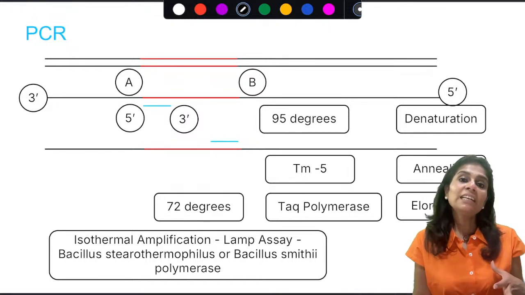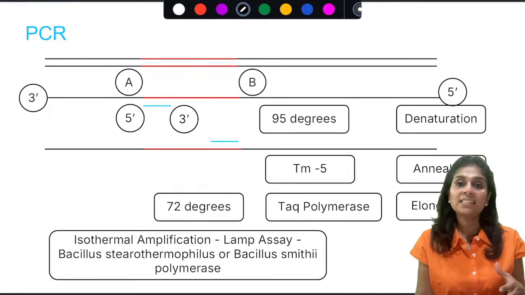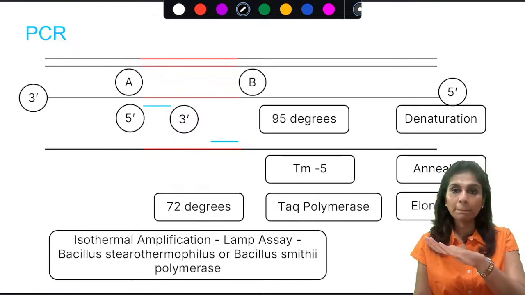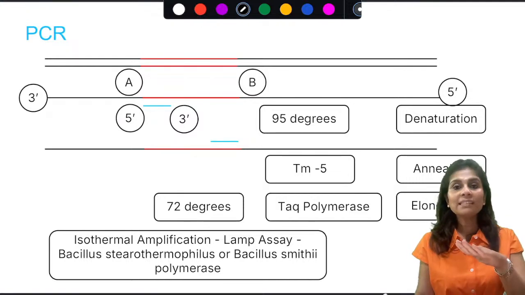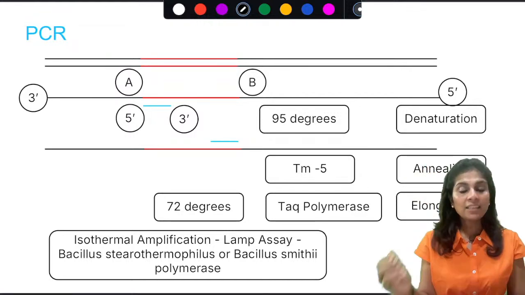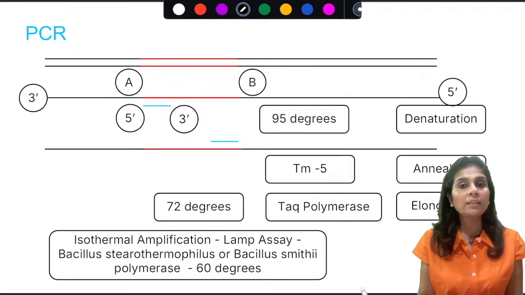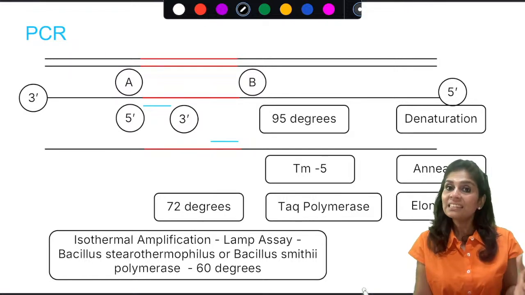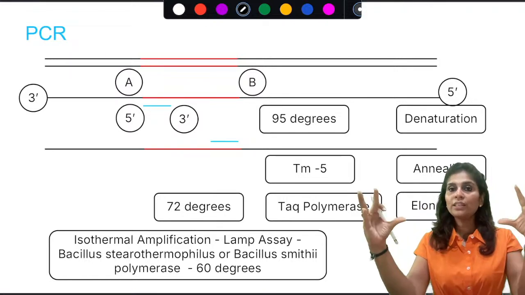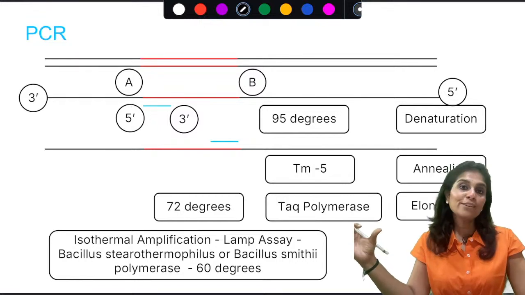And the speciality of these DNA polymerases is that they have very high strand invasion ability. So you don't have to raise the temperature to 94 or 95 degree, just increase the temperature to 60 degree. So what happens at 60 degree? At 60 degree, there will be mild denaturation happening at various places in your DNA.